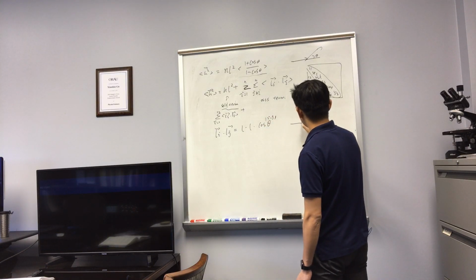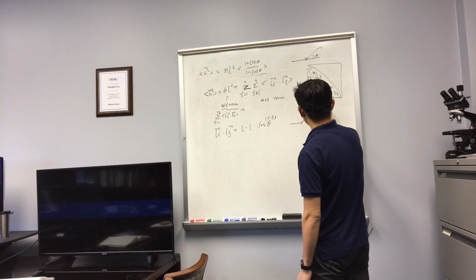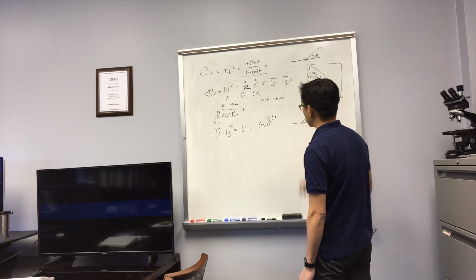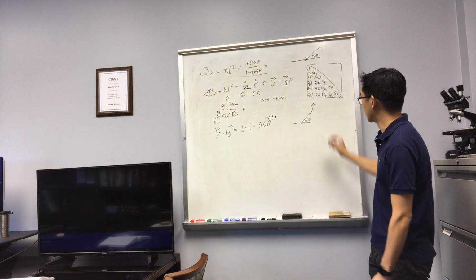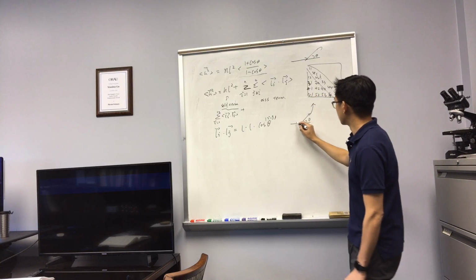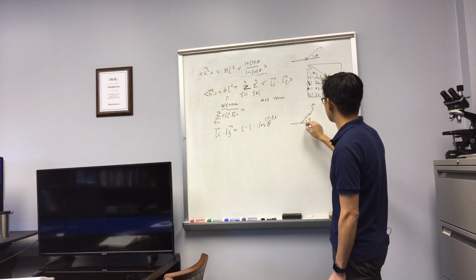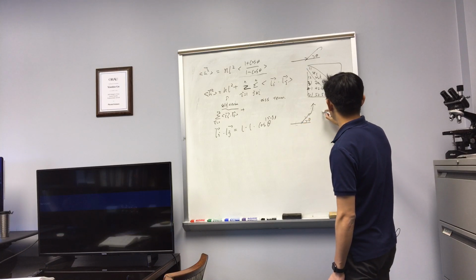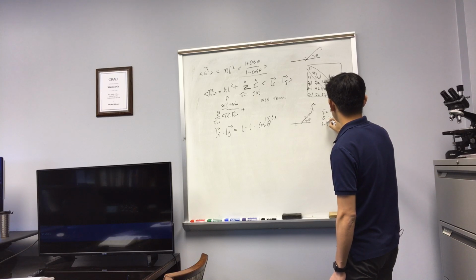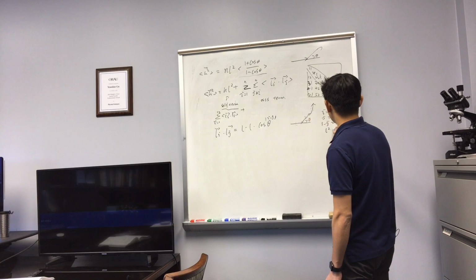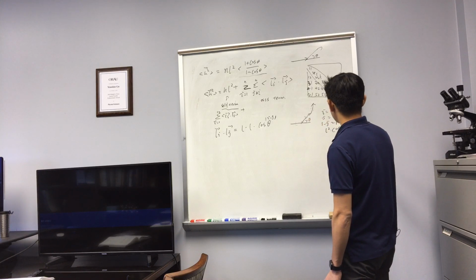If you have a bond going in one direction, each time it's connected to a bond, you have a cosine theta angle component in there. So if you consider 1 and 2, which means i equals 1, j equals 2, so i minus j equals 1. So you're going to have L square times cosine theta once.